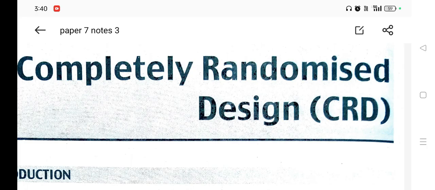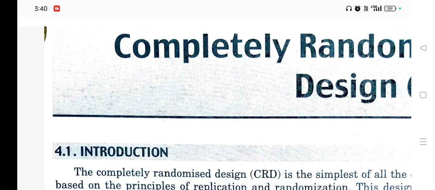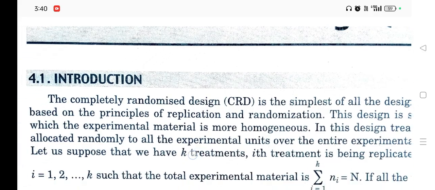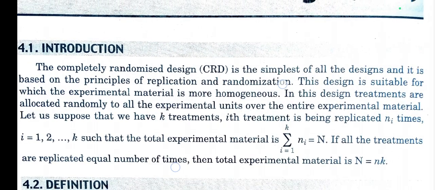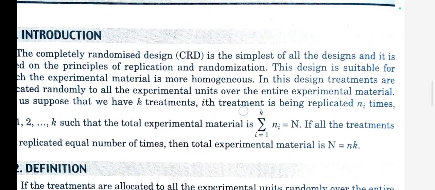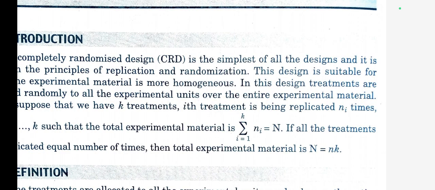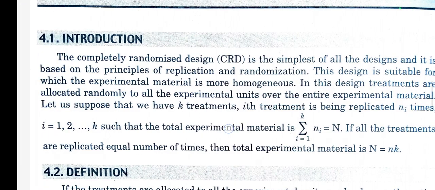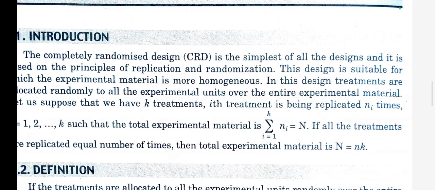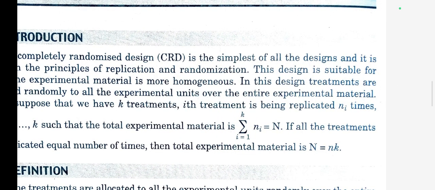We are having the completely randomized design, CRD. So what is this completely randomized design? We are going to discuss. The completely randomized design, CRD, is the simplest of all the designs, and it is based on the principle of replication and randomization.